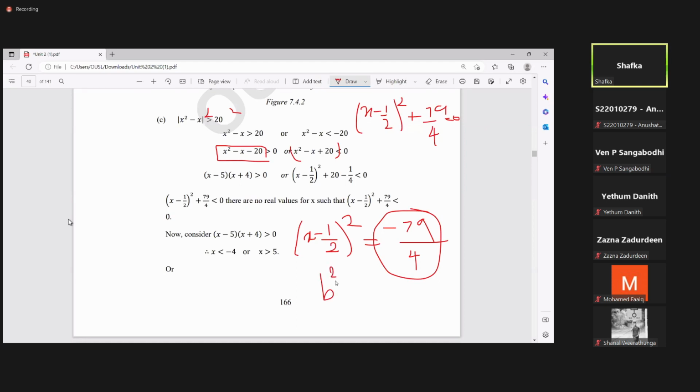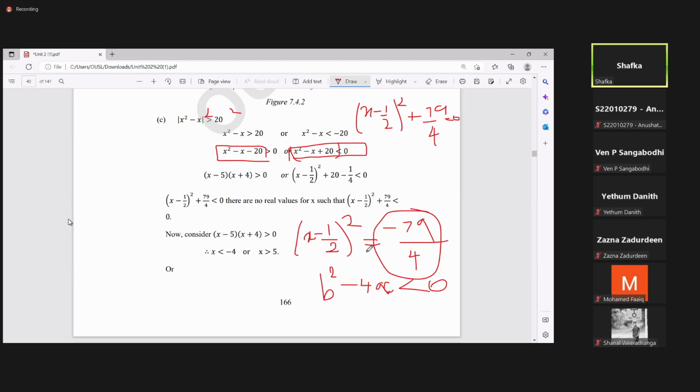You have to find whether b square minus 4ac of this algebraic expression is negative or not. If it's negative, you can say straight away we don't have any real solution which satisfies this. So you can neglect this inequality and work with the first one.